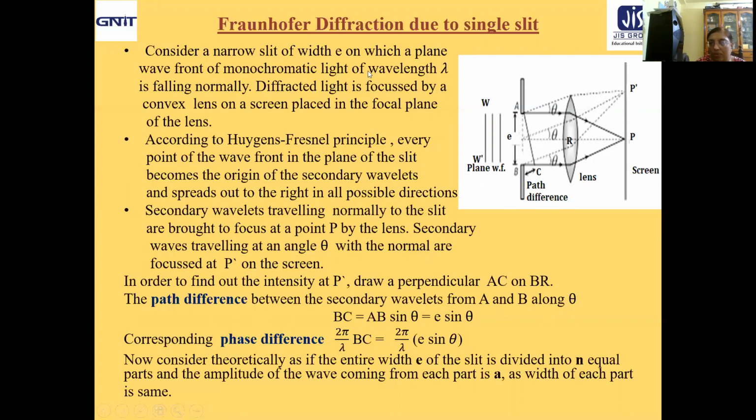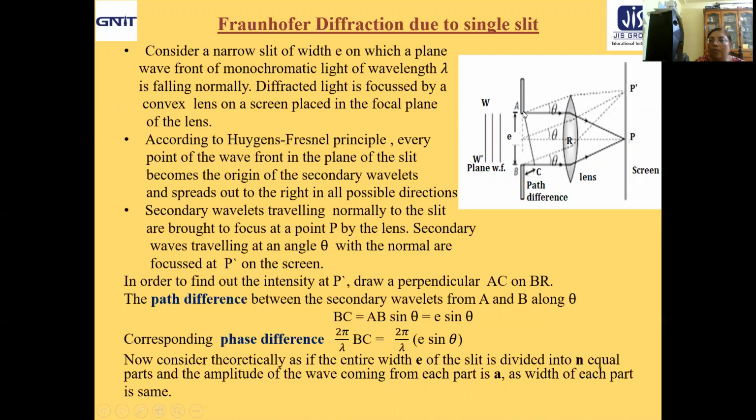We will try to find out the intensity at P prime, and in that intensity expression, if you put theta equal to 0, you will get the intensity at P also. Very, very important one. So, to find out the intensity at P prime, what to do?